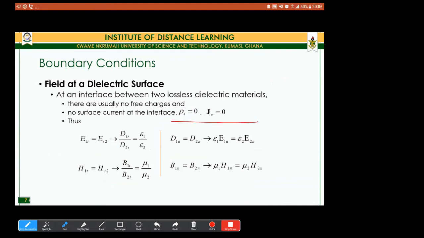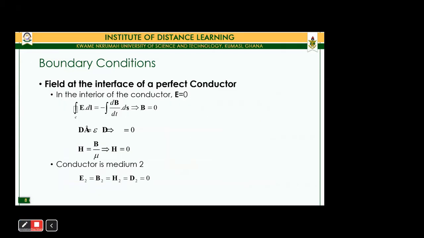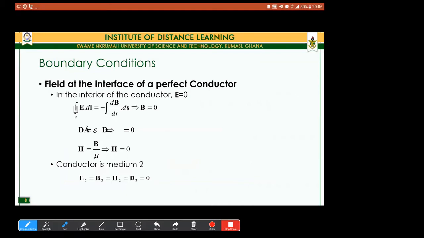Now, if we keep this in mind, we can evaluate the case at the interface of a perfect conductor. Remember the discussion we had about the perfect conductor. In the interior of the conductor, E equals 0, and I hope you remember that discussion from the static electric field.